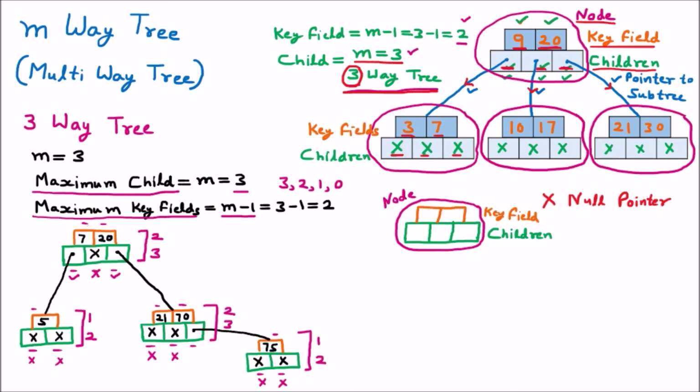If you are creating 5 children, take the keys 5 minus 1 as 4. If you are creating 50 children, then 50 minus 1, 49. So that will be the key fields. So this is how the M-way tree works. We have discussed here different-way trees and their different representations so that we can learn the M-way tree. So this is all about the M-way tree.